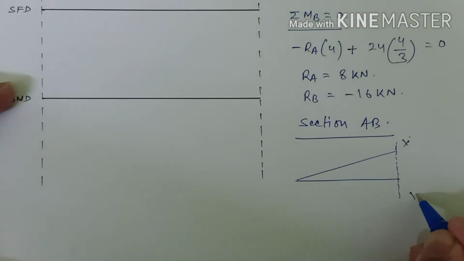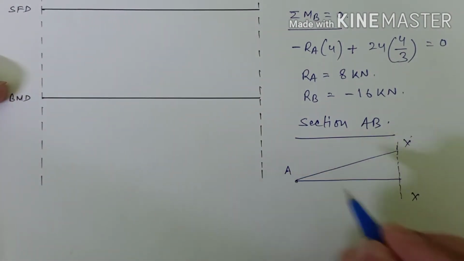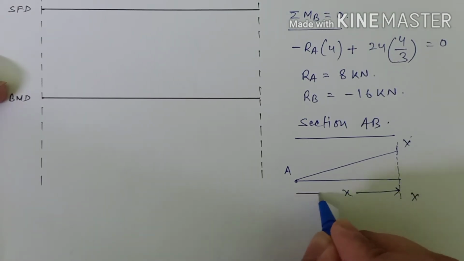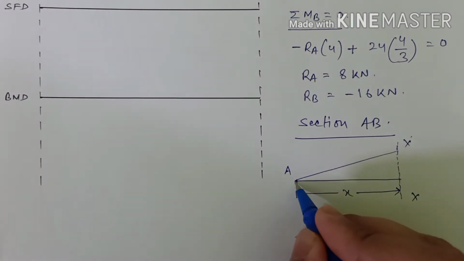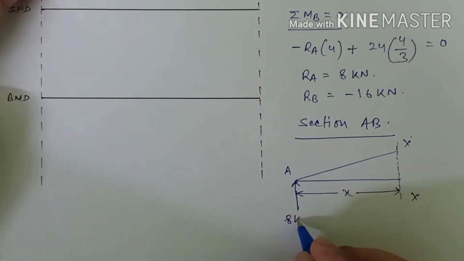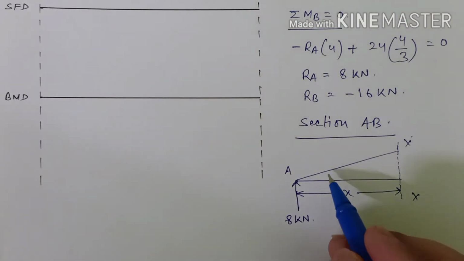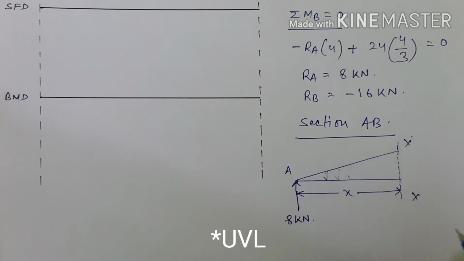This is my XX, okay, and let us say this is my A. So let us say this section is at a distance of X from the origin, and here A is my origin. Okay, so we have a reaction over here, RA, the value of which we have got to be 8 kilonewtons. Okay, and we have UVL in this, right? We have UVL that is acting here. Okay, so what will be the total value of this UVL?